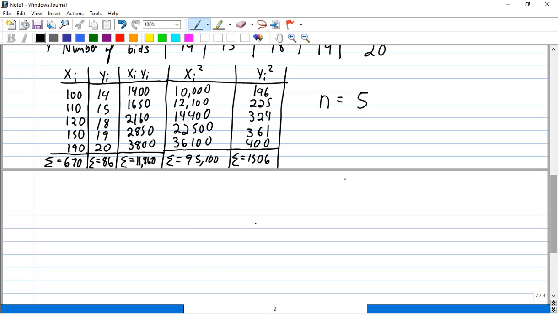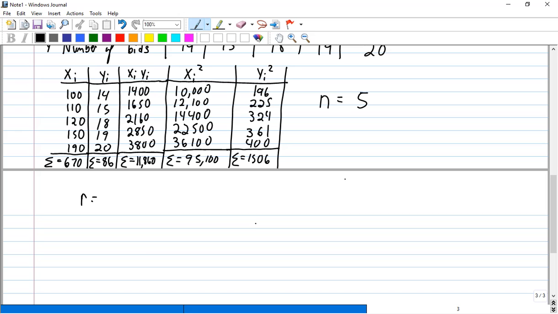Alright, so I'm going to write the formula down one more time, just so we'll have something to go by. If you could see it on your paper, of course, I wouldn't write it down, unless you think you might need it. And I will never make you memorize these formulas. I will always let you use a formula sheet or give you a formula sheet.